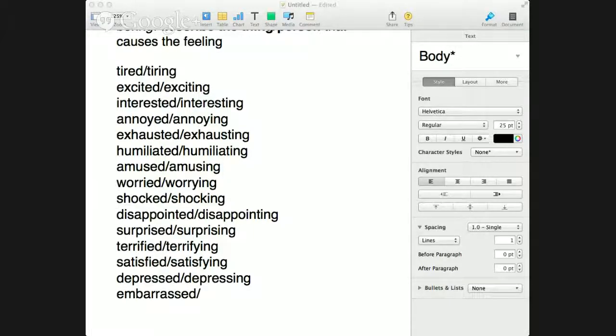So, amusing basically means that it causes you to smile. It's funny, and I want to talk about fun and funny in a moment as well. But I'm just going to add this one on here before I forget about it. So yes, it means it causes you to smile.